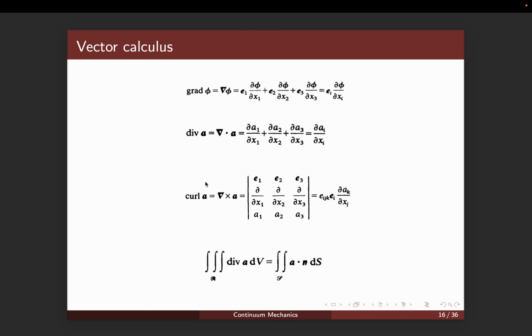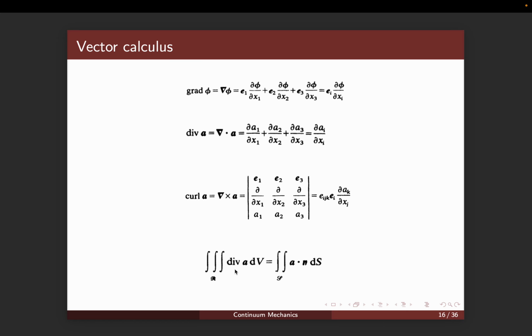So it's a simple recollection of what we know in vector calculus: how to write the gradient of a scalar function, the definition of the gradient of a scalar function, the definition of the divergence of a vector, the definition of the curl of a vector, and this is the Gauss theorem.